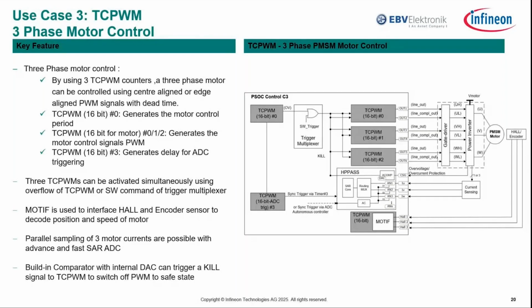And also, the built-in comparator with internal tag can trigger a kill signal to PWM to switch off PWM to a safe state. And with the multi-channel pattern of the PWM, synchronous updates on the output signals are possible.